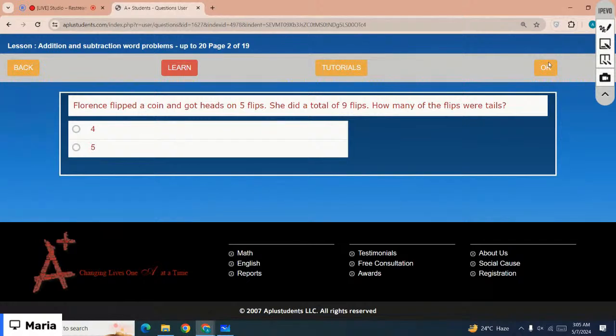She got five heads. So 9 take away 5 is 4. That means if 5 of them are heads, 4 of them are tails. The correct option is 4.